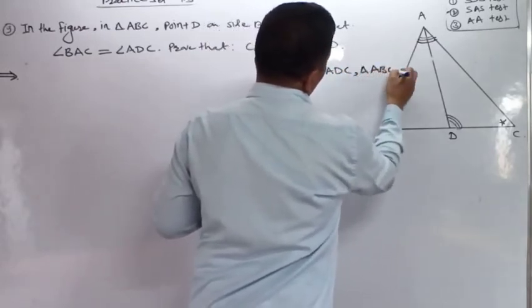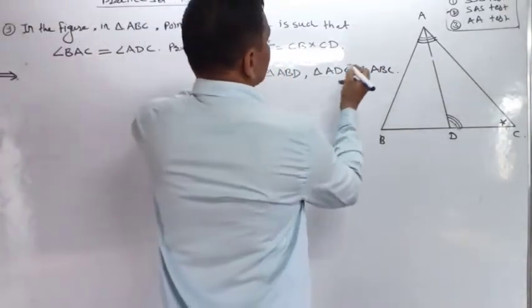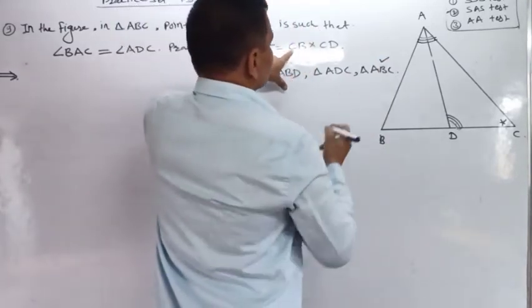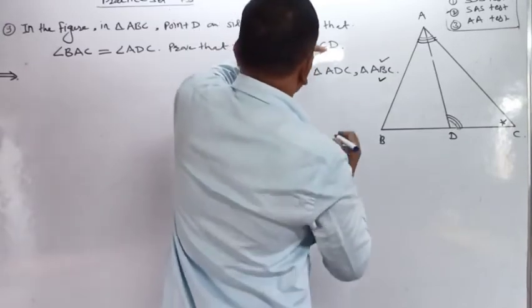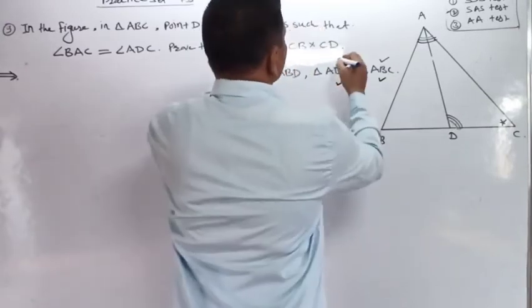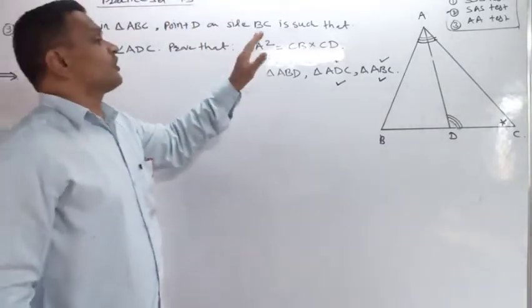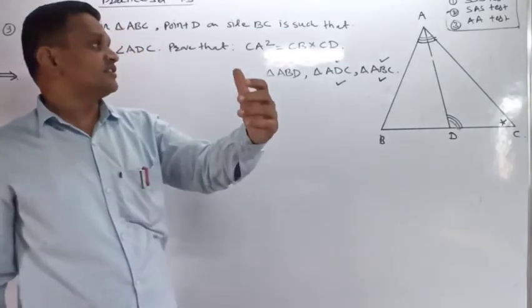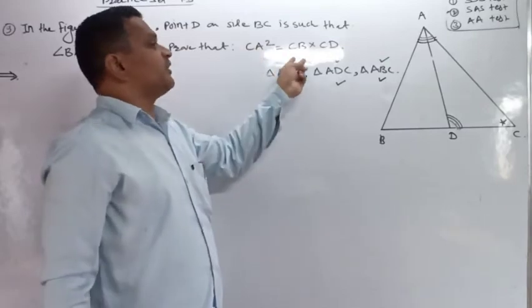CA square: CA is in triangle ABC, CB is in triangle ABC, CD is in triangle ABC. Means, to prove that CA square is equal to CB into CD, we must prove that two triangles are similar, including the sides CA, CB and CD.